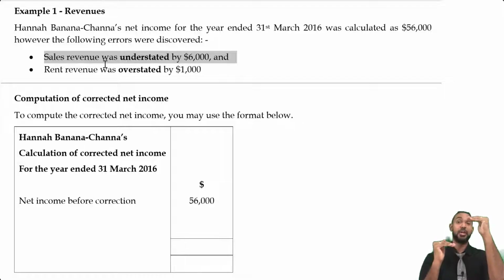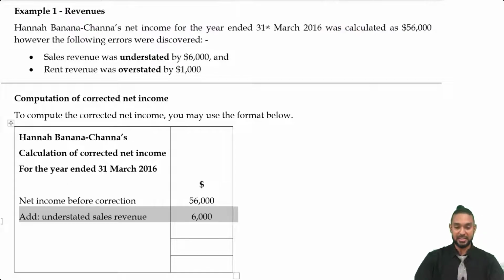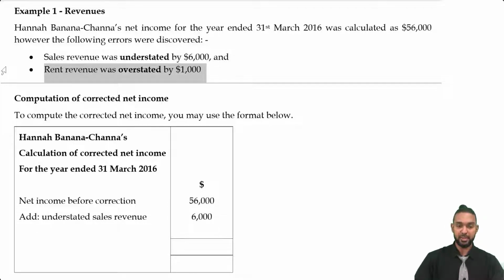To fix that, we are going to increase sales revenue. And profit is going to rise as well. So we are going to have to add back the understated amount for sales revenue to correct the net income figure. Conversely, the rent revenue figure was overstated. Overstated means it was too high. To fix that, we're going to have to bring it down.